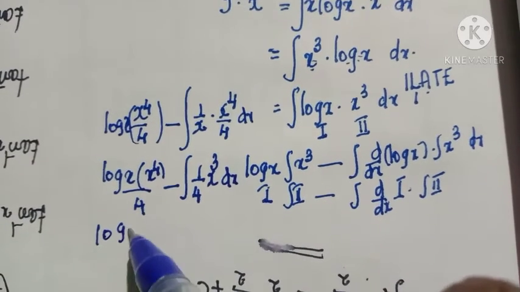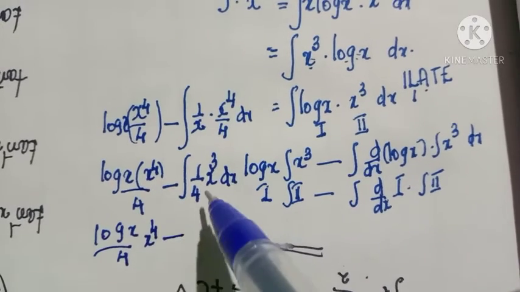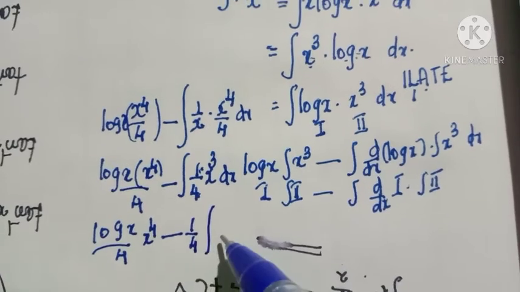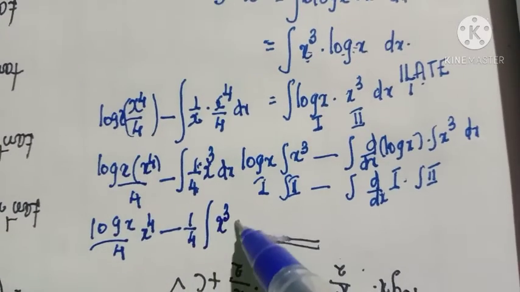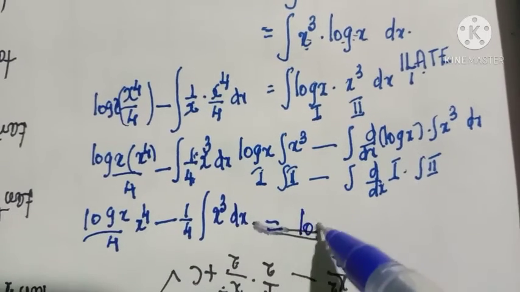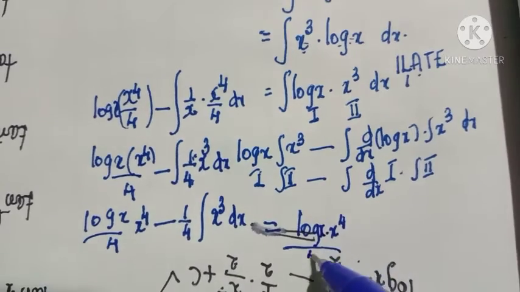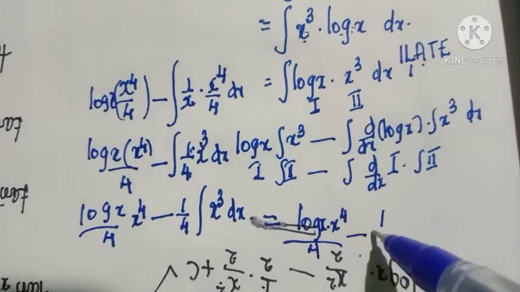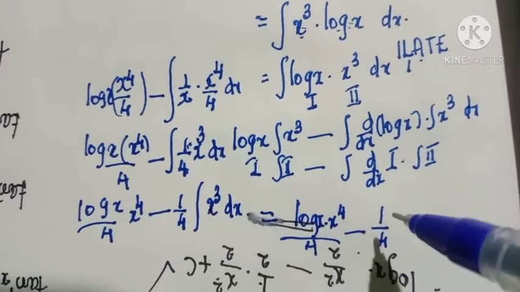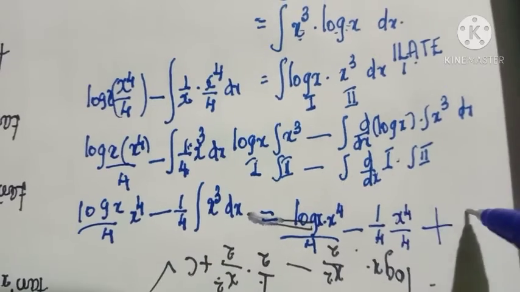So this is (log x) x⁴ by 4, minus 1 by 4 is a constant, so take it outside: 1 by 4 into the integral of x³ dx. The integral of x³ is x⁴ by 4, plus c.